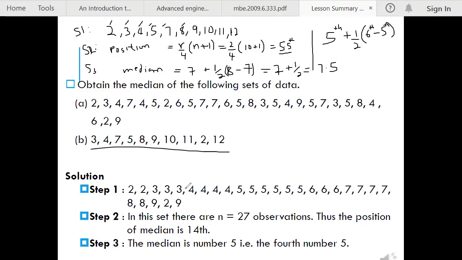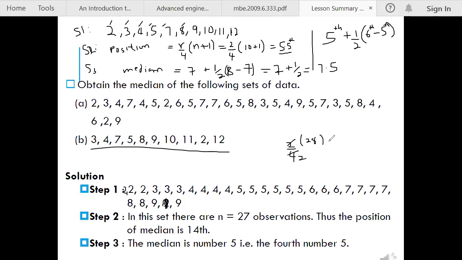So this was the second example. In this case, this 2 was misplaced. It should have been here, so that should have been the first 2 here. In the same way, you follow the same procedure. Your n is 27. So when we did the calculation, 2 over 4 times (27 plus 1), which is 28. This goes here, 2.